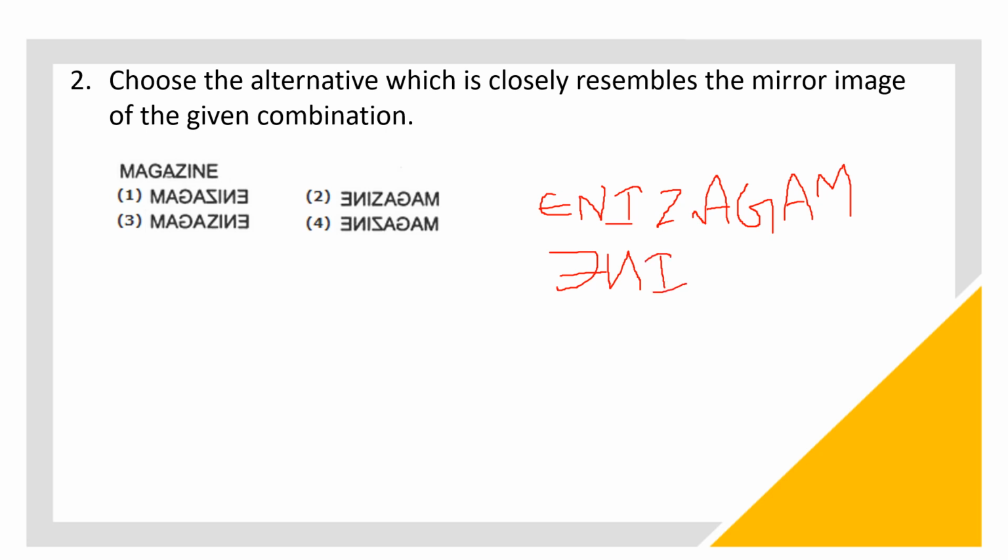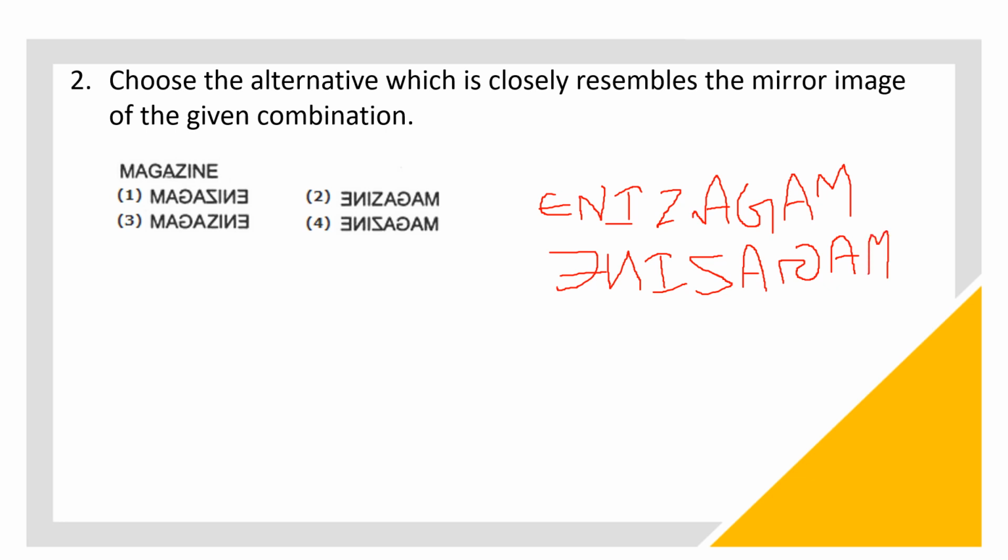The mirror image of Z will come like this. The mirror image of A is as this. The mirror image of G will come like this. The mirror image of A is as this, and M also as it is.